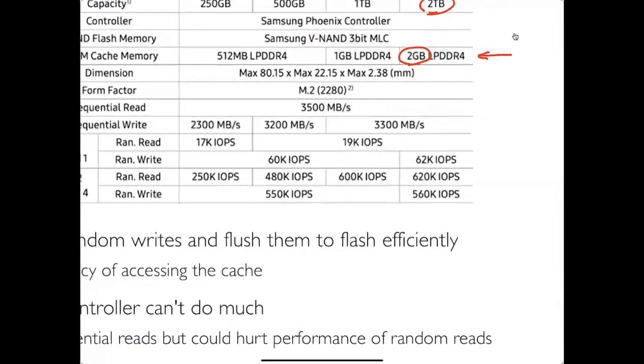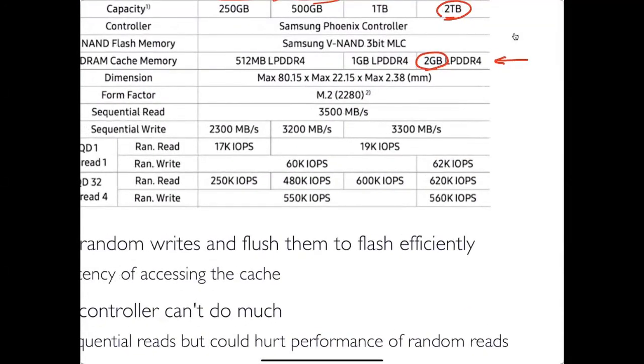Okay, the other thing that we might want to look at is the diameter of this. It's a lot smaller than an HDD, obviously. It's a lot lighter as well. Now, if you're reading sequentially, this is how much data you can read from this. It amounts to 3,500 megabytes per second.